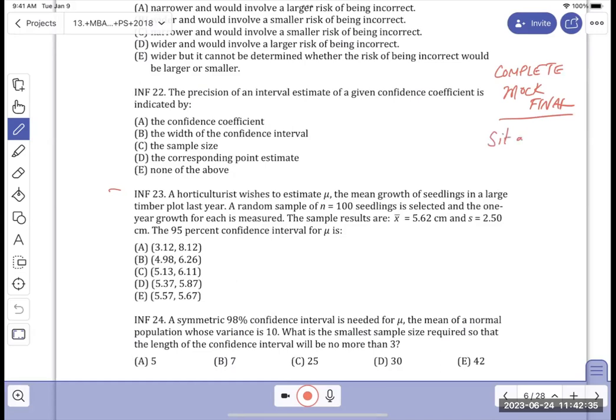So sit alone for 3 hours and try it, okay? Only your formula sheet. So only take your formula sheet with you. Calculator.